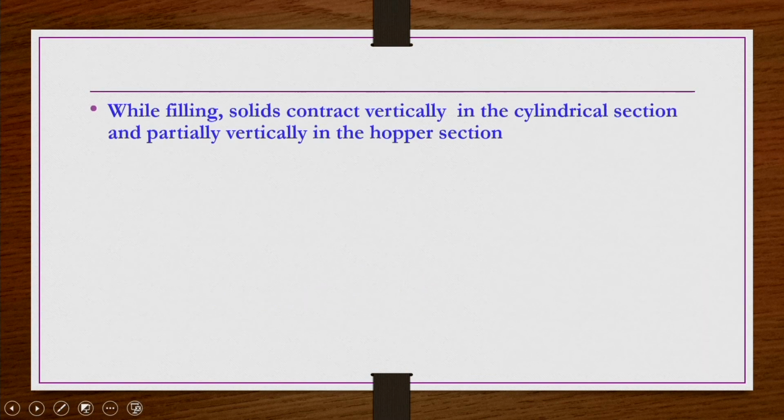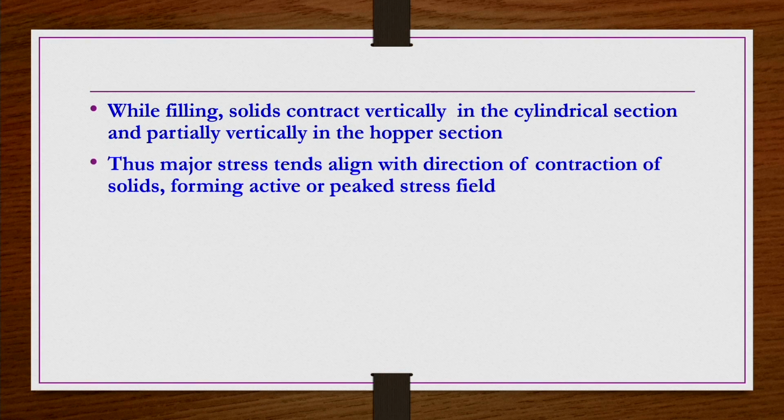While filling, solids contract vertically in the cylindrical section and partially vertically in the hopper section, that is, the conical section at the bottom. Thus, the major stress tends to align with the direction of contraction of solids, forming an active or peaked stress field.